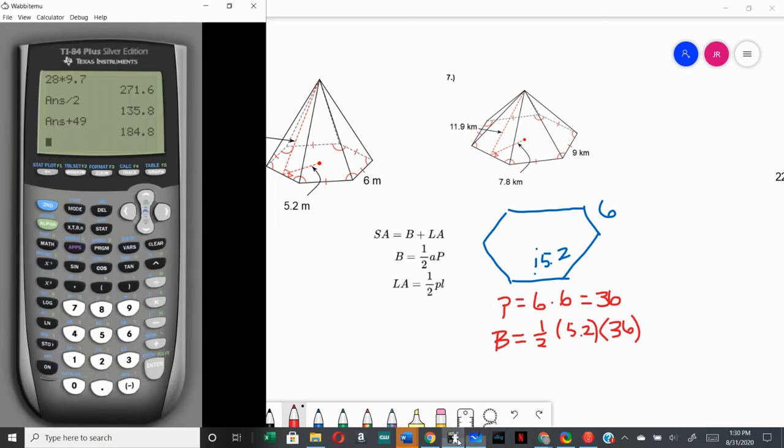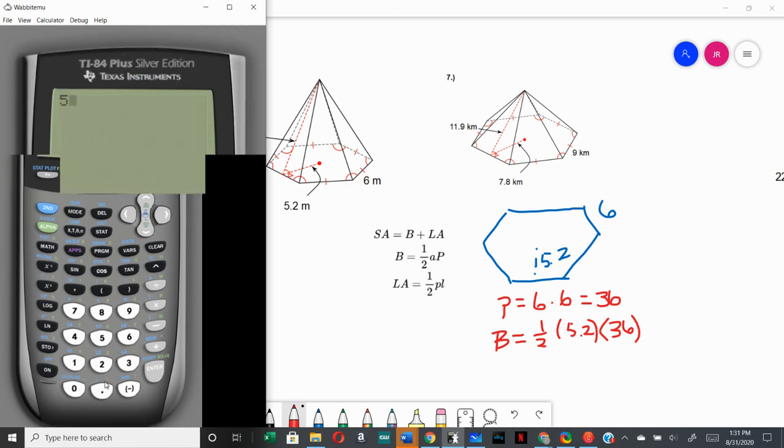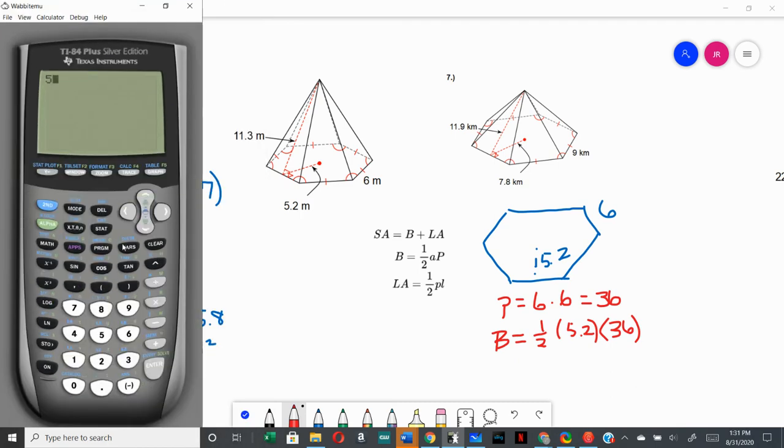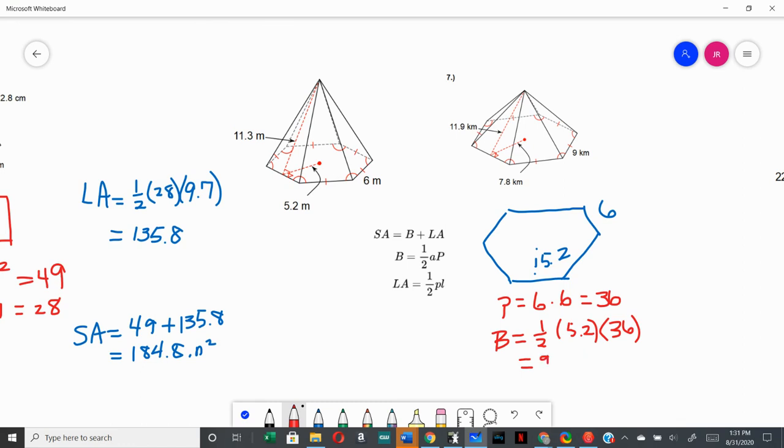Calculator back out. 5.2 times 36 divided by 2. That's 93.6.